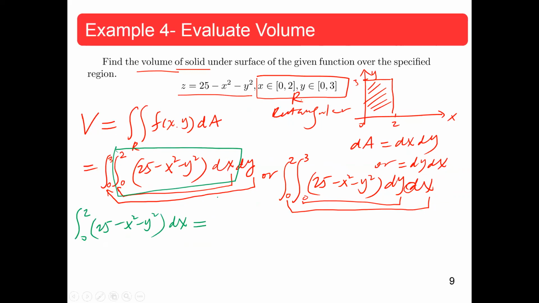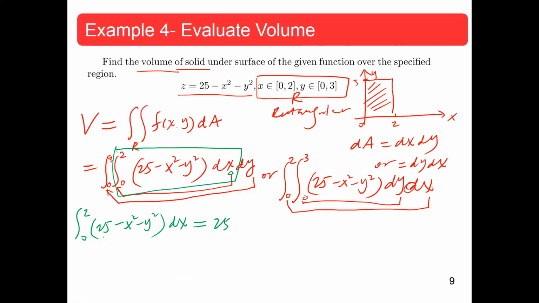What's the antiderivative here? 25y minus yx squared minus y cubed divided by 3. Romero, here, what's the variable? Be careful. Here, x is the variable, right? I think I did the other one then. Yeah, you probably did the other one. You can switch to the other one.